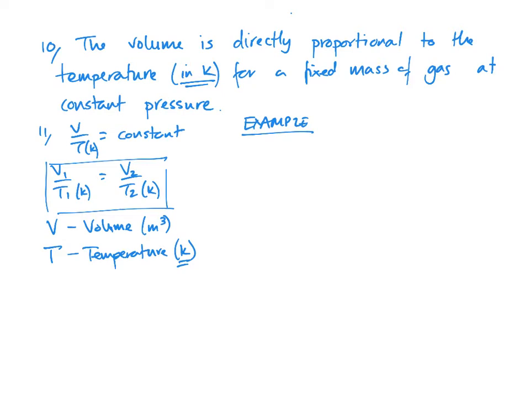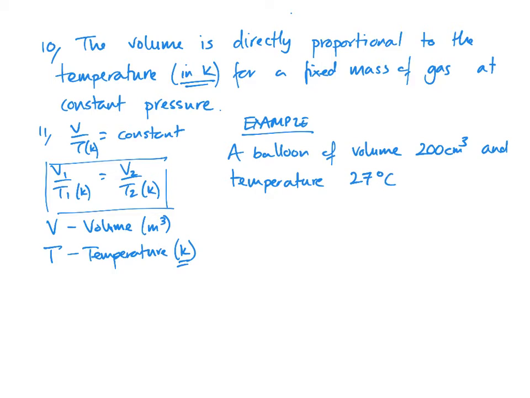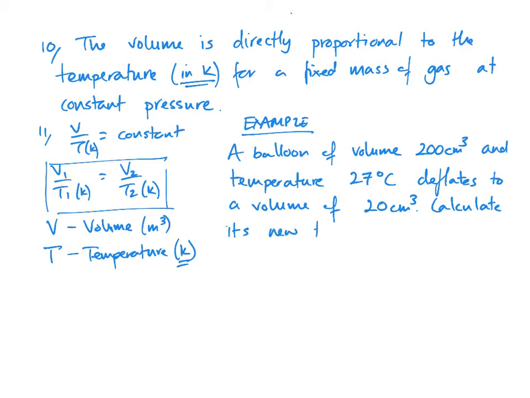So if we start with a balloon at room temperature, a balloon of volume, let's say 200 cubic centimetres, and temperature 27 degrees Celsius, deflates to a volume, so it never gets quite to zero, it gets down to 20 cubic centimetres. Calculate its new temperature.